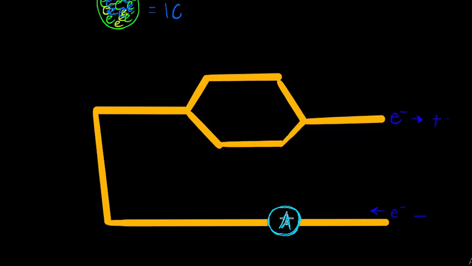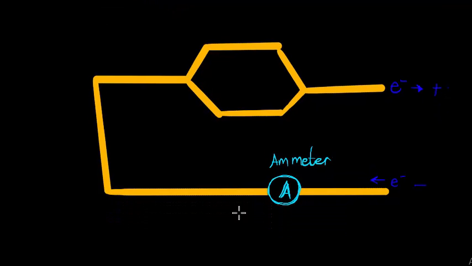But an ammeter, I can't remember how you spell that either. Ammeter, I think it's double M. Let's put a double M. An ammeter has very low resistance, so it doesn't affect the flow of electrons. What it does is measure how many coulombs pass every second. So we'll get a reading of something ampere.